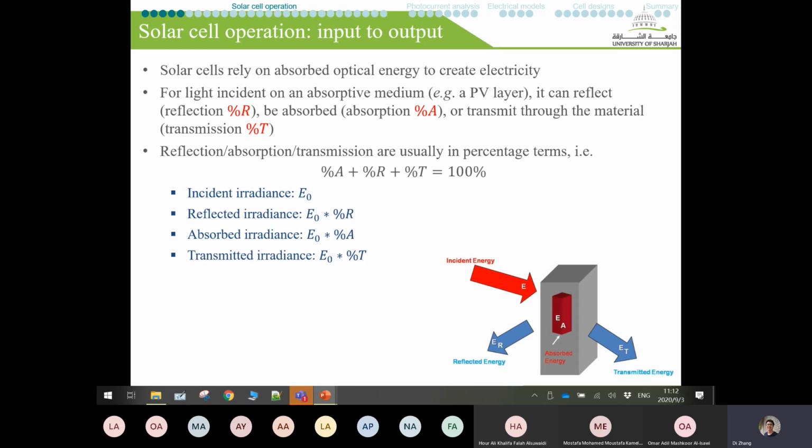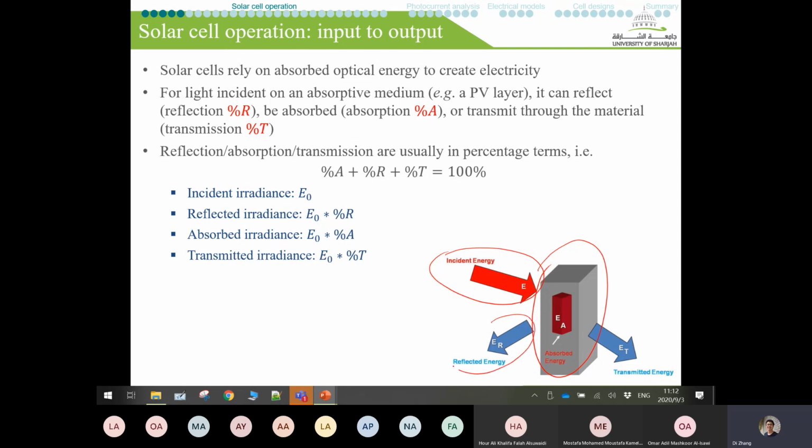And if we talk about a general material, with incident irradiance on this material, what are the possible outcomes from the incident light? In general, there are only three possibilities with the incident photon on a certain chunk of material.